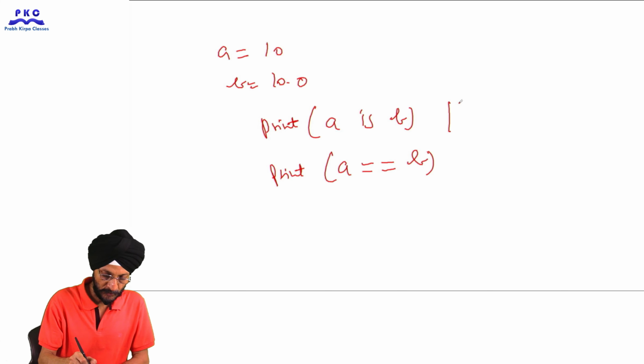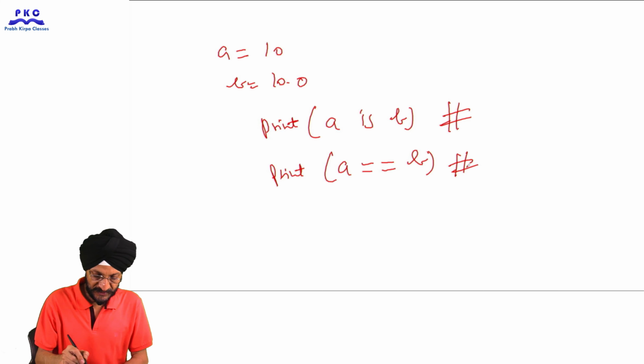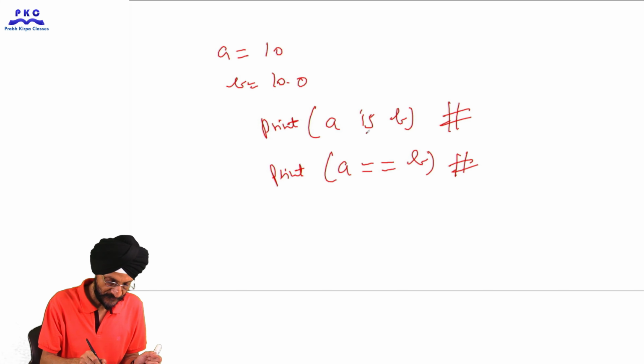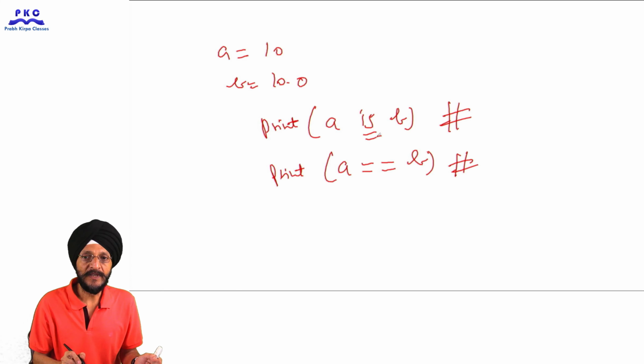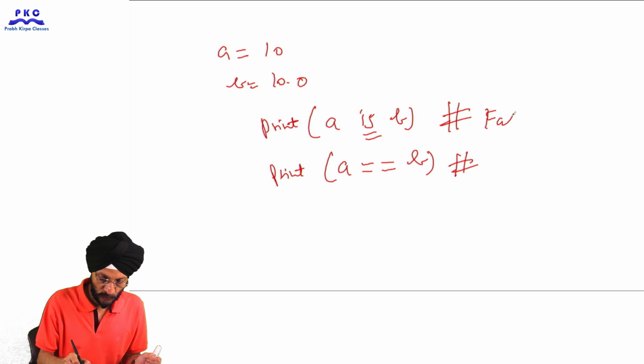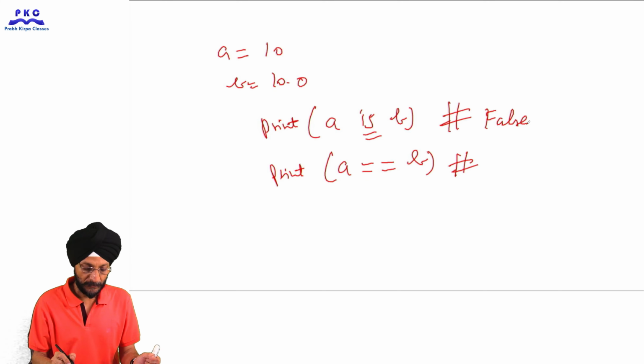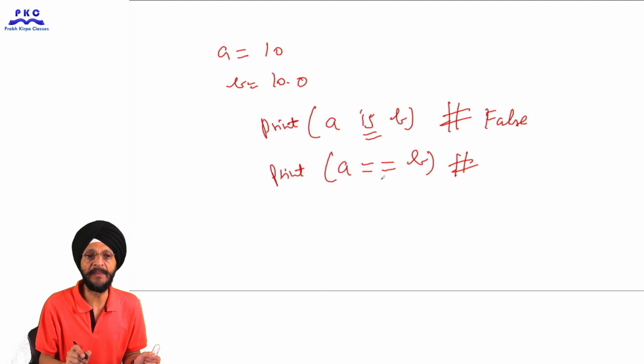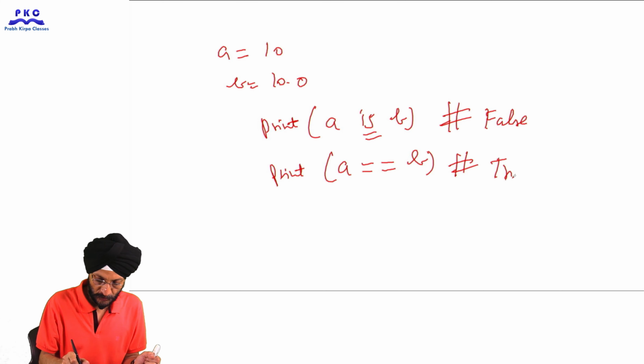So now what will be the output? The is operator here will result into false, but a equal b will result into true.